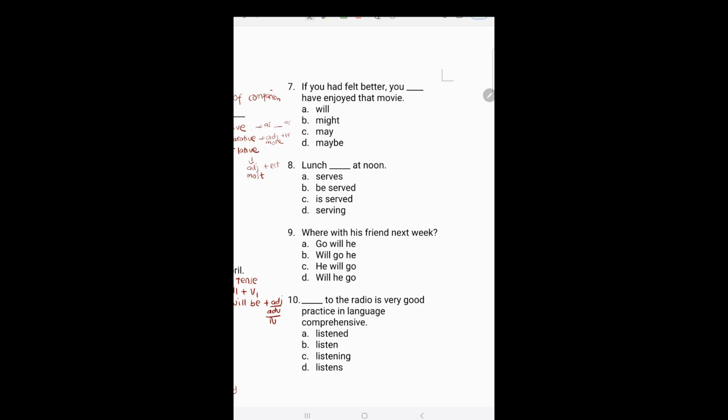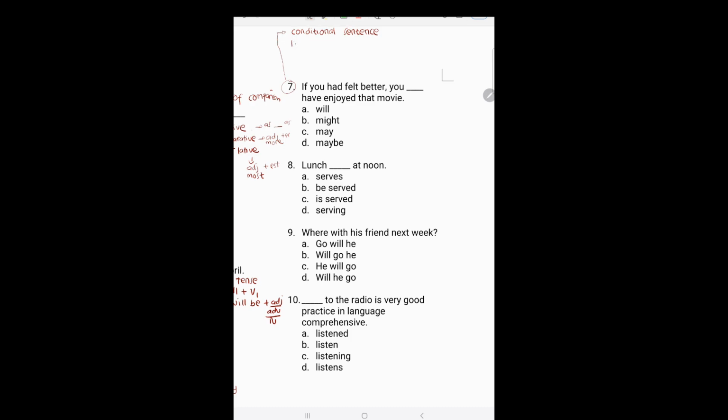Number 7. If you had felt better, you blah blah blah have enjoyed that movie. From the sentence here, we know that this is a kind of conditional sentence. And there are 3 types of conditional sentence.